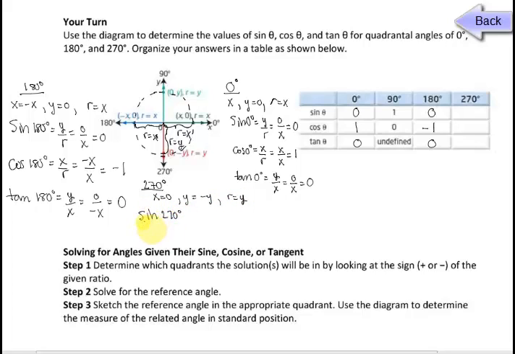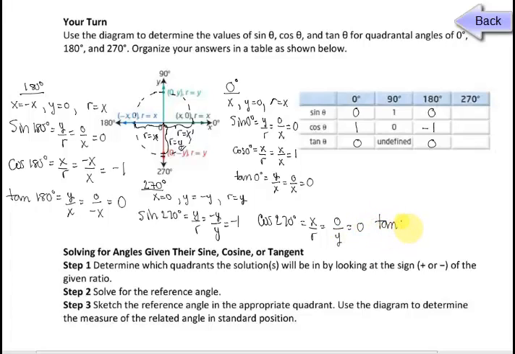So sine of 270 degrees is y over r, so negative y over y, which is negative 1. Cos of 270 degrees is x over r, and x is 0, r is y, and so 0 over y is 0.